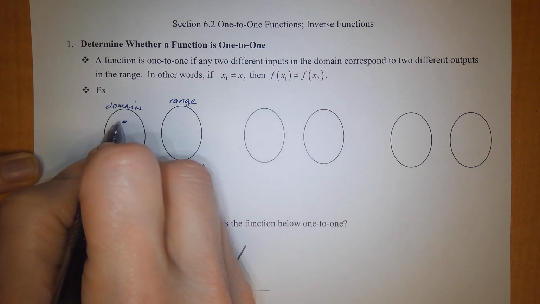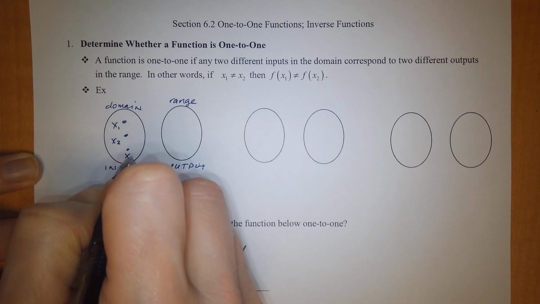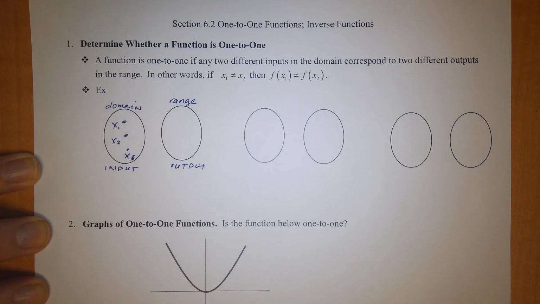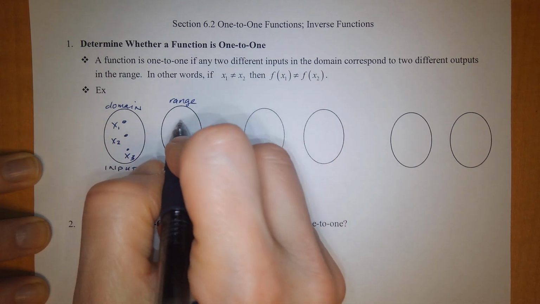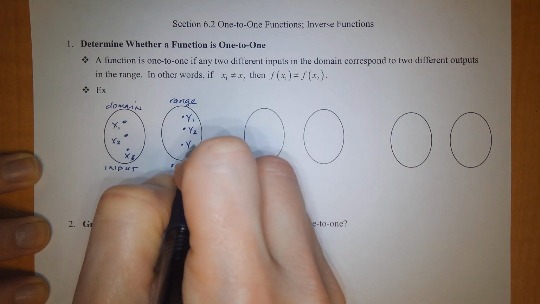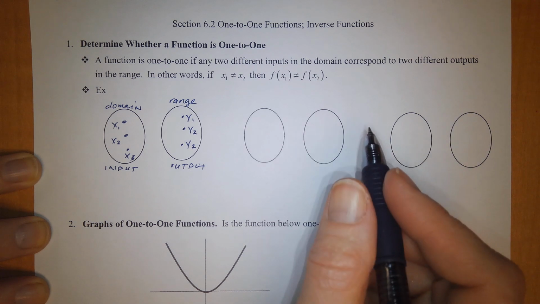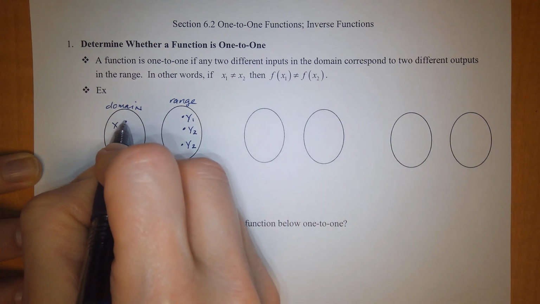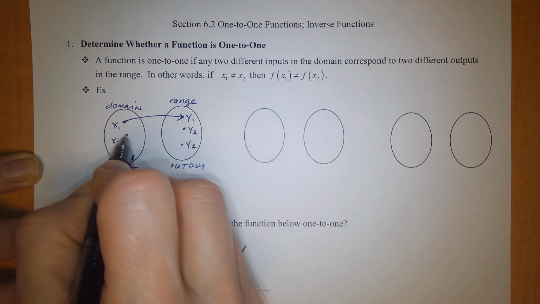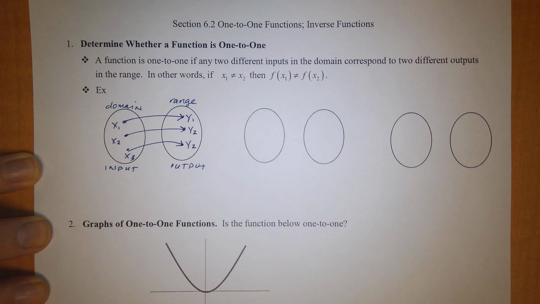In our domain, we have x's, and these are three different x's. In the range, we have lots of y's. In order for a function to be one-to-one, every single x has to go to a different y image.